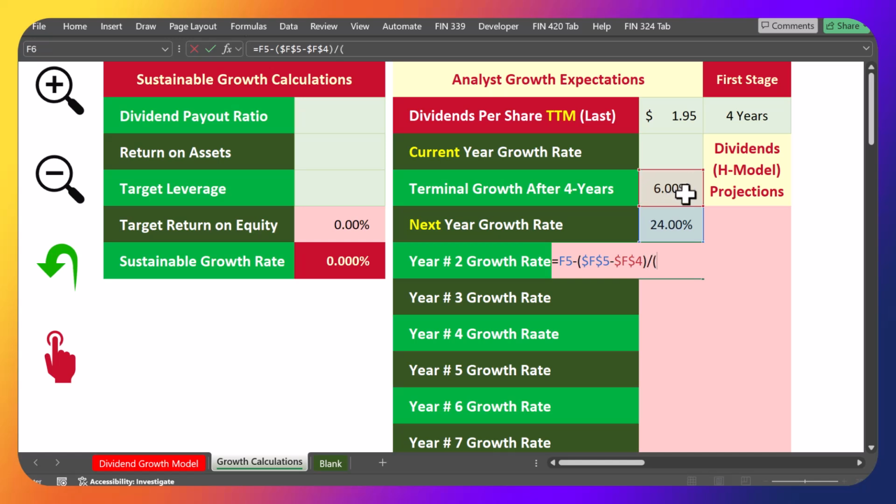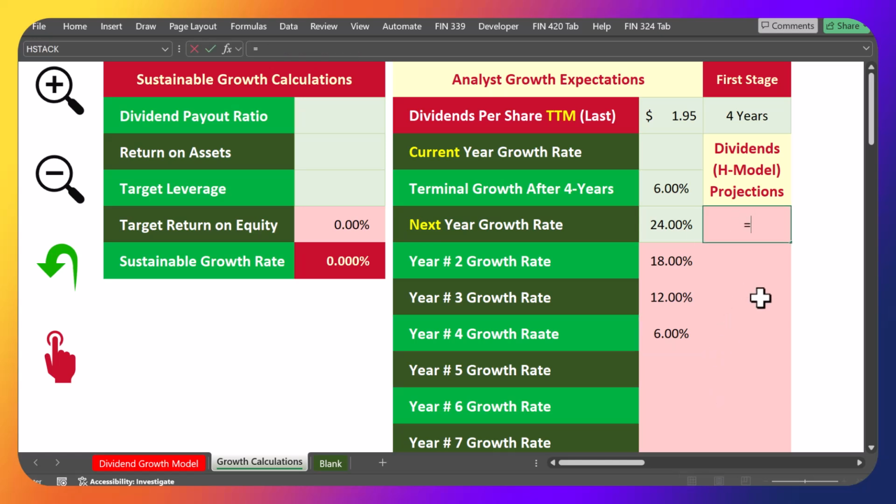And we're going to do that over 4 years, so 4 minus 1. And we will fix that argument as well. So year 2 is going to be 18%. Year 3 is going to be 12, and year 4 is going to be 6.